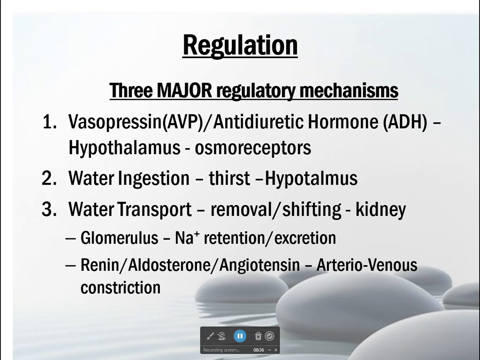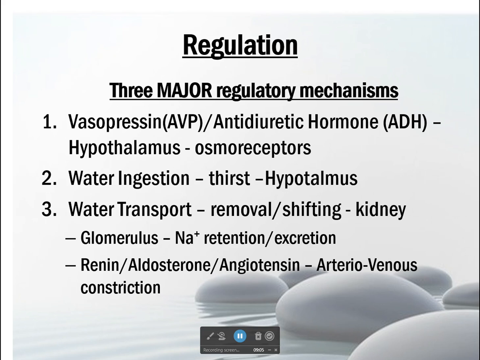The third regulatory mechanism is water transport, and by this I'm referring to the removal or shifting of fluids by the kidney, and the glomerulus specifically. The glomerulus is that functional part of the kidney where sodium gets retained or excreted, and in the loop of Henle where fluid gets retained or excreted.